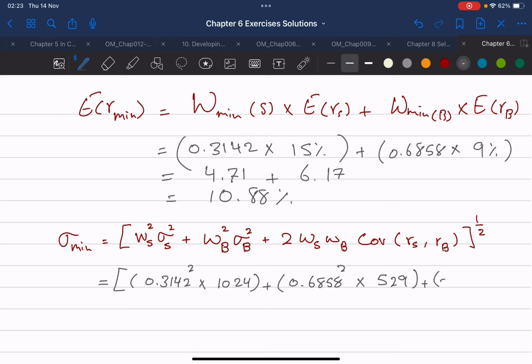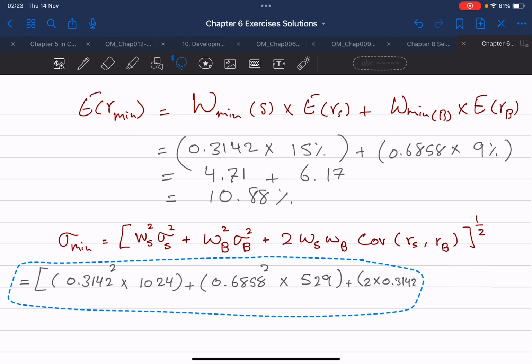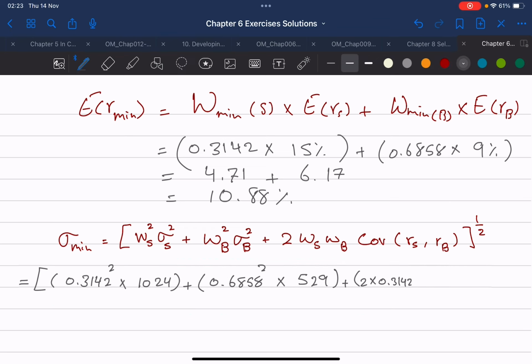plus 2 multiplied by 0.3142. I think I'm going to need more space, so I'm just going to shift this a little bit to the left, and hopefully we'll have enough room, multiplied by the weight of the bond fund, which is 0.6858, multiplied by the covariance.